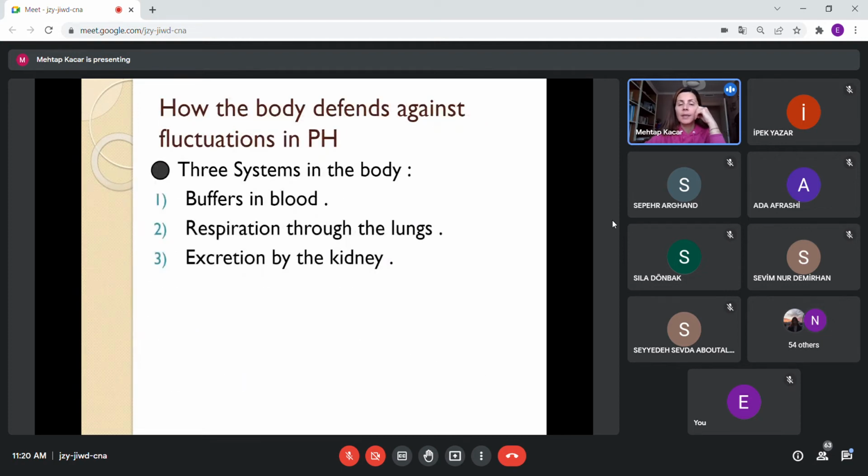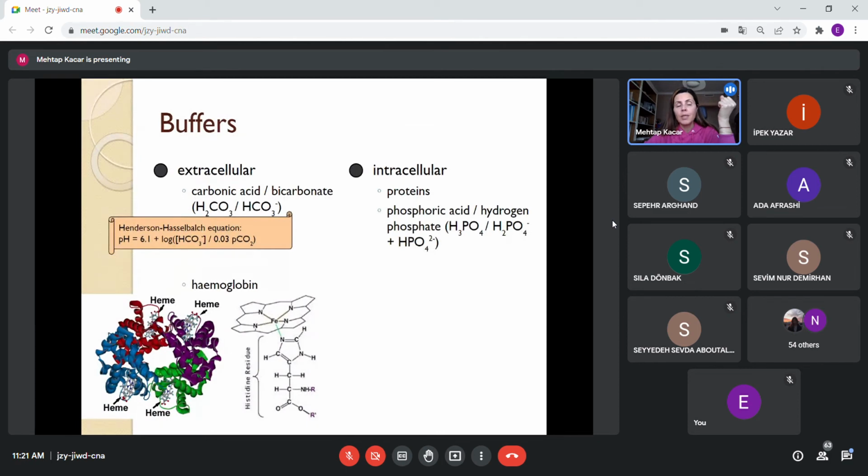How does the body defend against fluctuation in pH? Because of the compensatory system. One part of this system is buffers in blood, the others are respiratory function through the lungs and excretion by the kidney. What do buffers mean? We have buffer systems in the extracellular area and intracellular area.